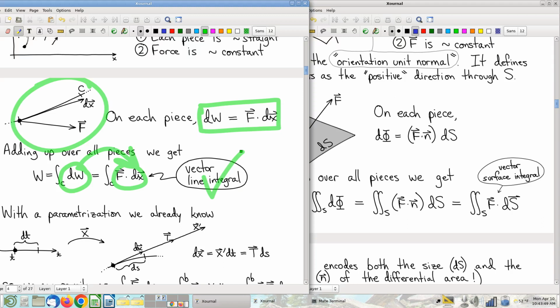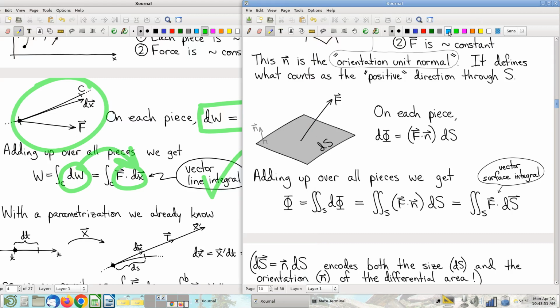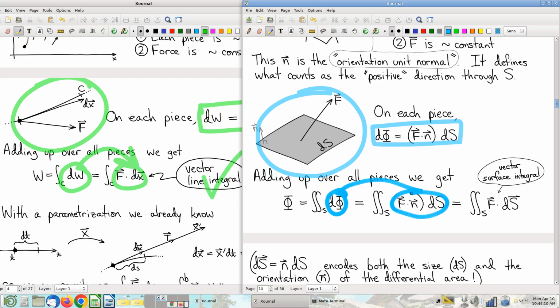And likewise, now looking on this little piece of surface, we can compute the flux through that piece of surface using this old formula, F dot N times surface area. Of course, our surface area here is dS. And that helps us define this thing called a vector surface integral.